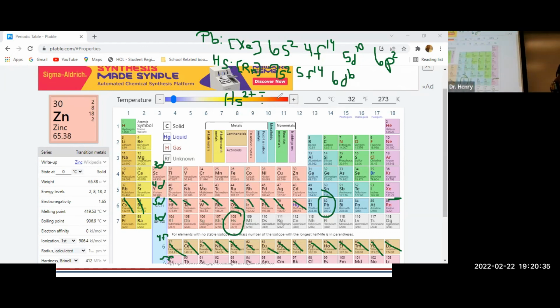So in that case, this ion would have this electron configuration: Rn 5f14 6d6, where it's removing 2 electrons from the 7s.